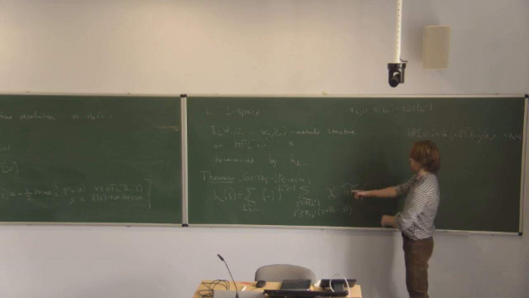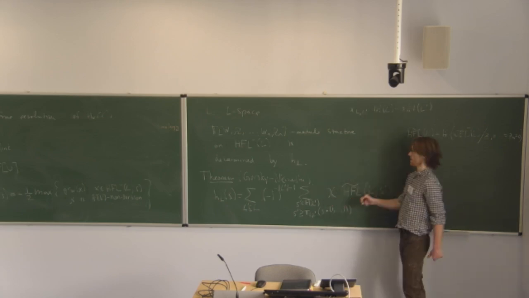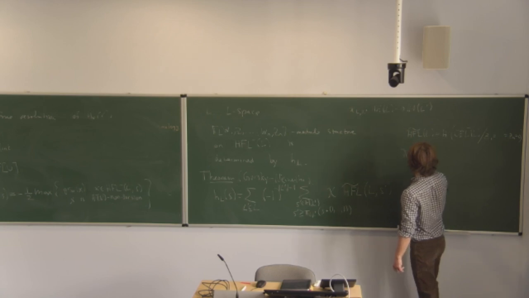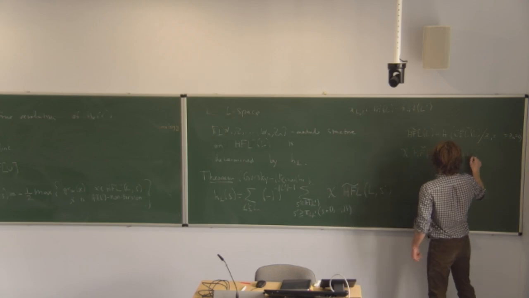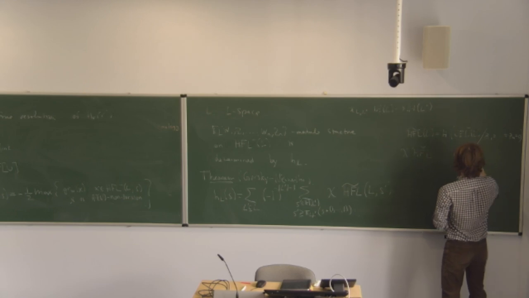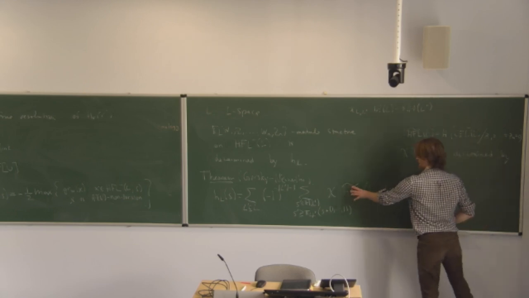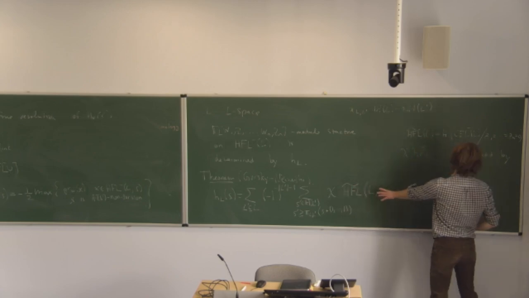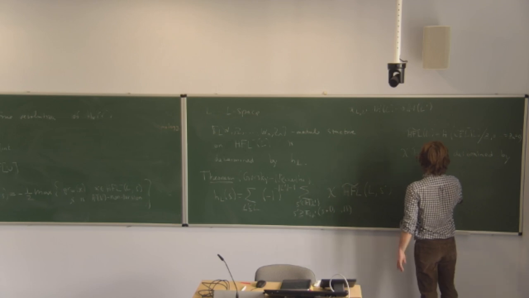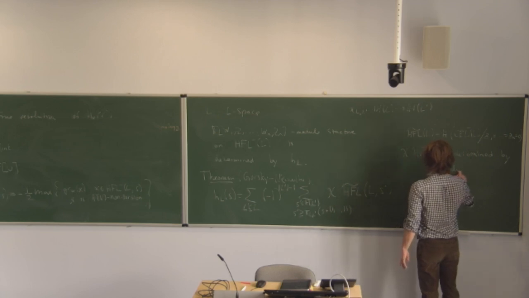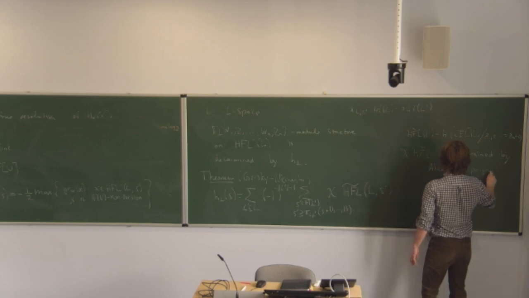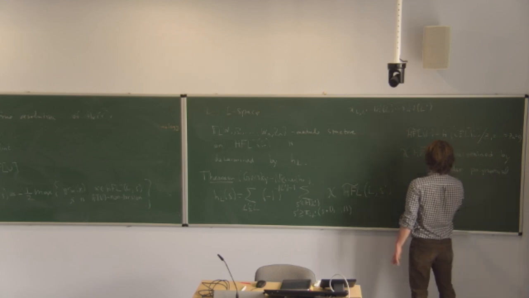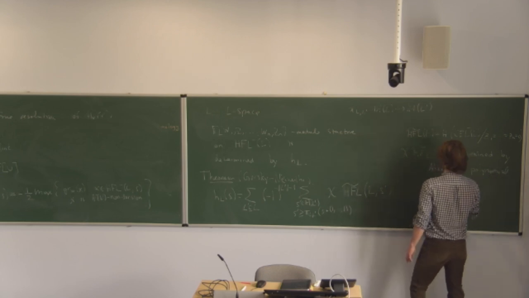This is actually determined by the Alexander grading of the link. So this Euler characteristic is determined by the Alexander polynomial of the link. Basically, this is just equal to a suitable normalization of the multivariate Alexander polynomial of L_P.